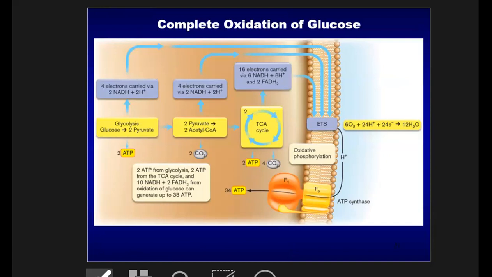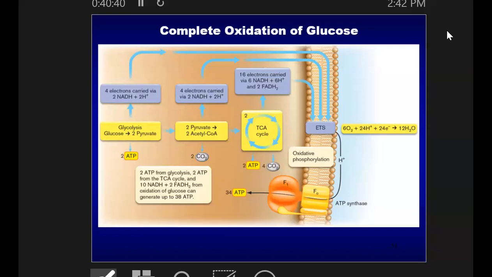Okay, I love this image because it's putting together all three things that we just talked about. It's looking at glycolysis and the TCA cycle and the electron transport chain all put together. When I learned all these processes as an undergrad, I learned them in isolation. Like, okay, memorize glycolysis start to finish, memorize TCA, and I never really got how they link together.